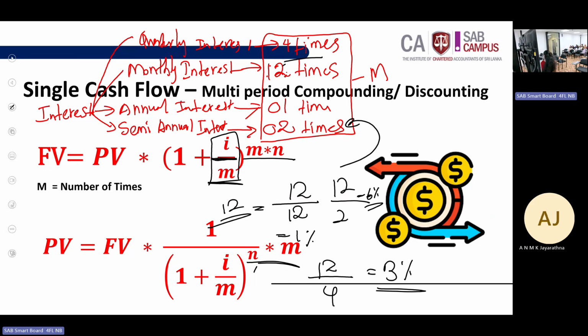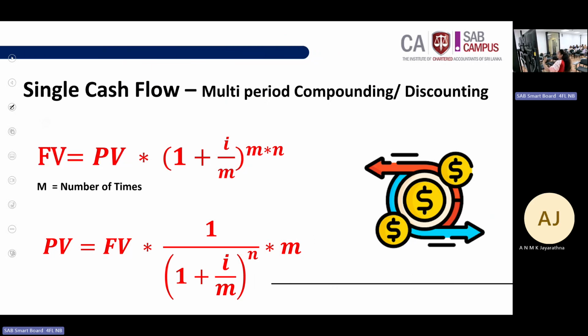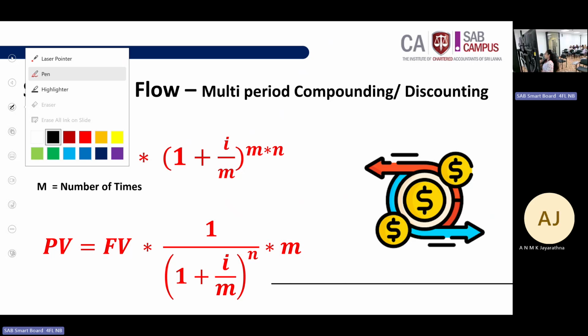If it is quarterly, 3%, how many times you are receiving interest now? 4 times. How can we convert that? N multiplied by M.